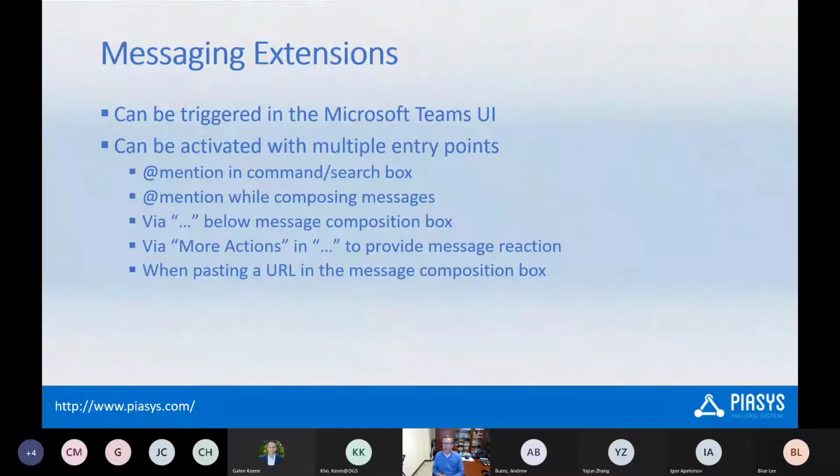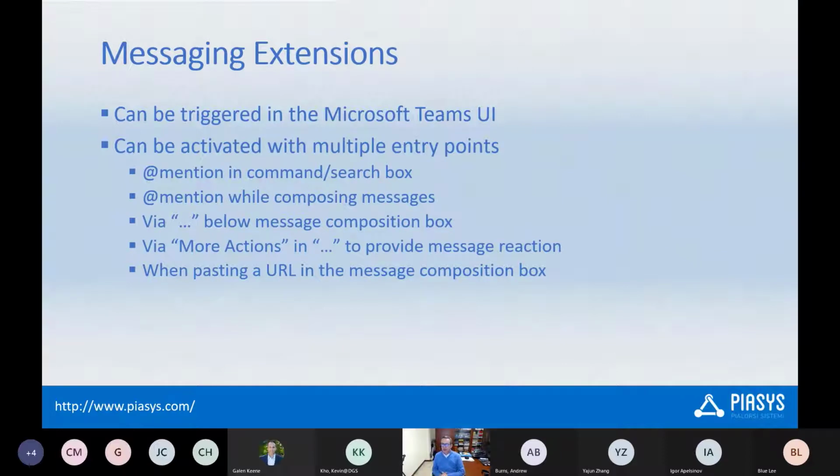So, for example, if you have your ERP system and you want to make it possible for users to search the list of products, or you have a CRM solution and you want to search for the list of customers or prospects, well, you can create a messaging extension and the user will be able to search for those items, get back a result, and eventually include one specific item in a message that they are composing.